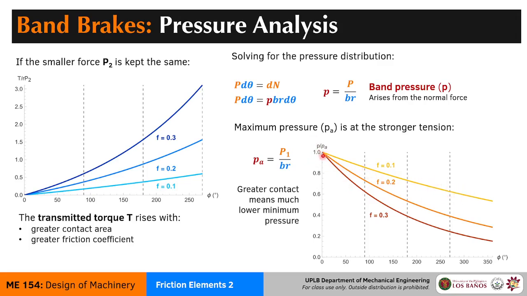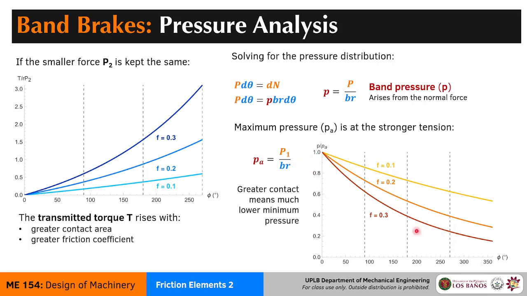But if you increase the friction factor, there will be a higher pressure gradient between the largest pressure and the smallest. What you'd also notice here is that the highest pressure is right at the edge of the contact, and the lowest pressure will be experienced at the other edge of the contact.